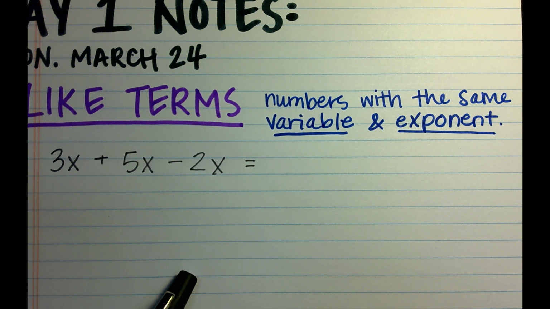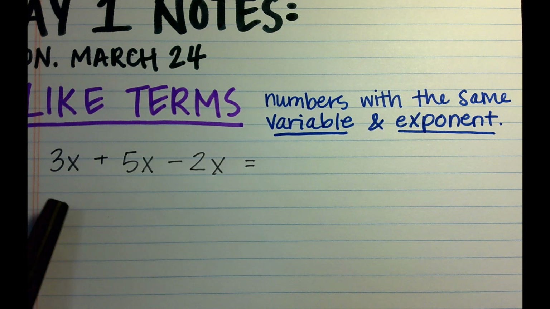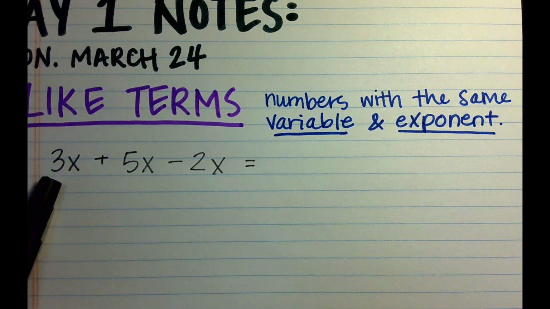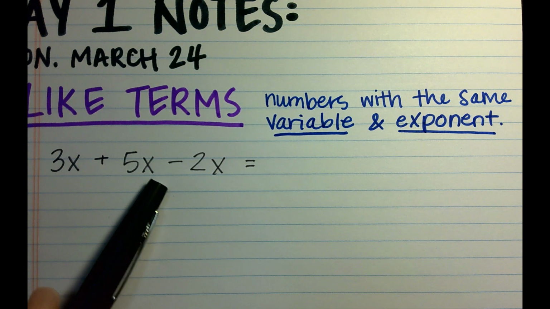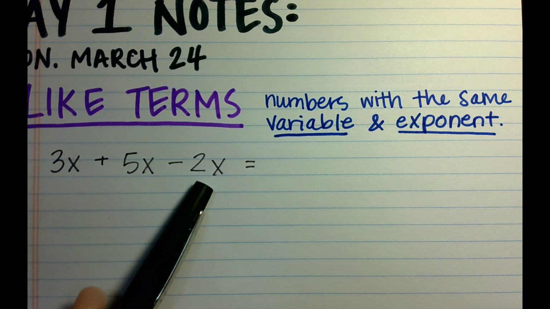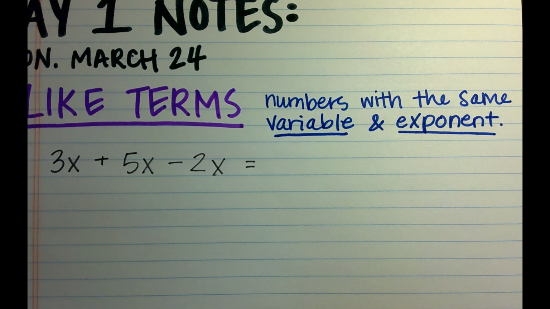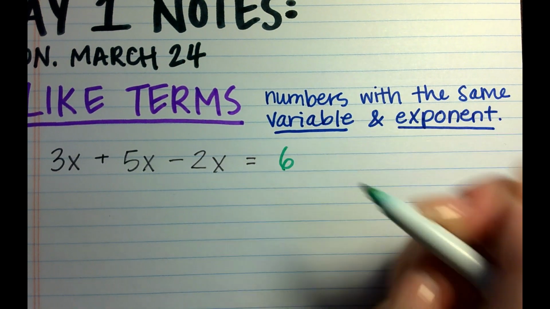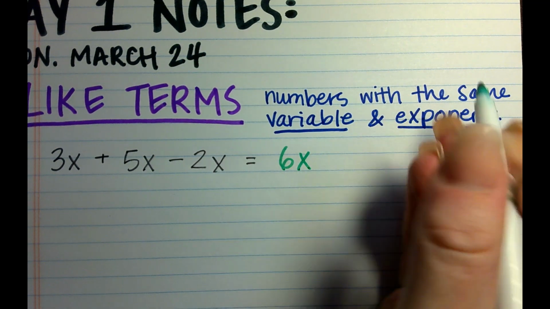Combine all the numbers. We can kind of just ignore the x's and go left to right. What's 3 plus 5? 8 minus 2? 6. So our answer here is 6x, because now there is an x attached.